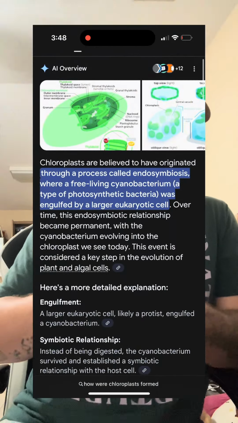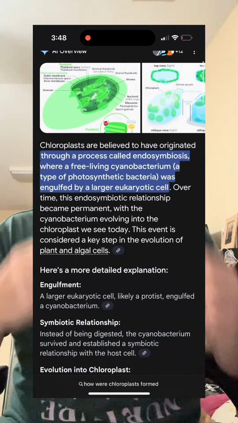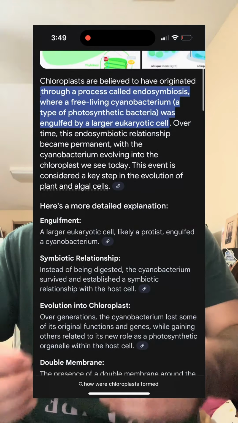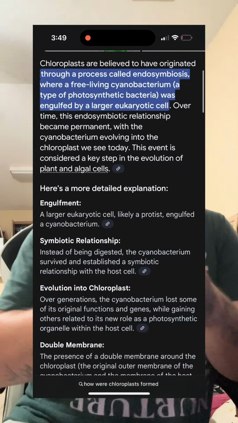It's green, it does photosynthesis. Genetic sequencing from the late 1970s onward showed that chloroplast DNA is nearly identical to cyanobacterial DNA, and their double membranes match the signature of cellular engulfment, or at least that's what we understand of cellular engulfment.